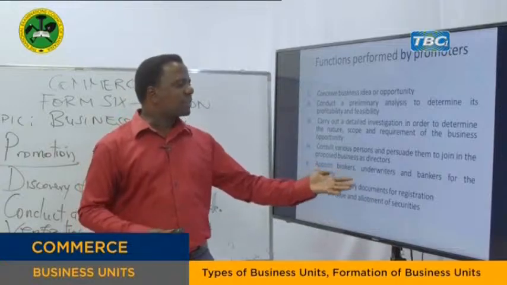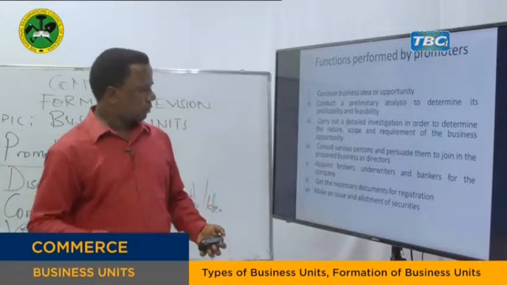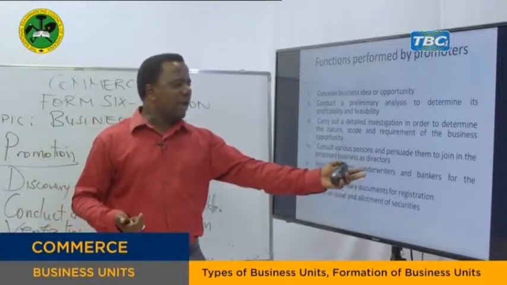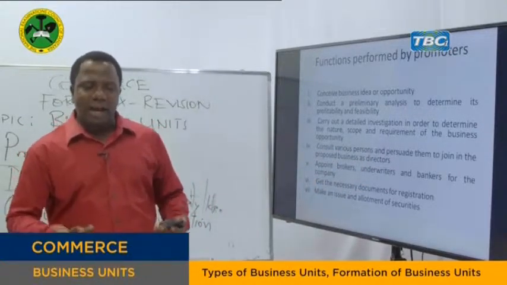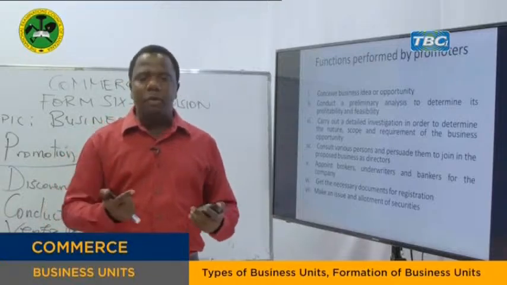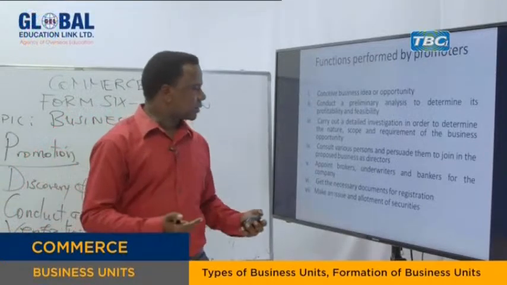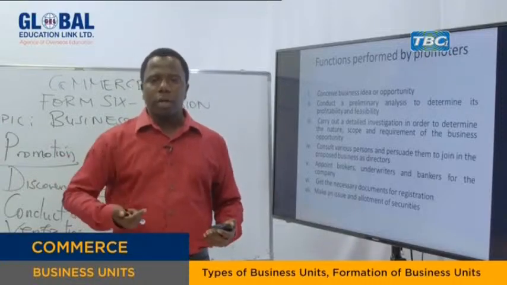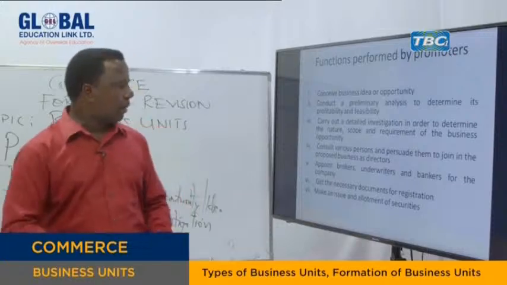Also, they appoint brokers, underwriters, and bankers for the company. A company should have its own bank, but also underwriters as well as brokers. Those people will be doing business on behalf of the company.